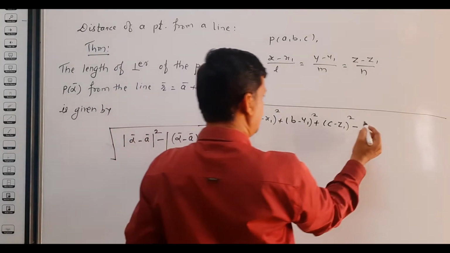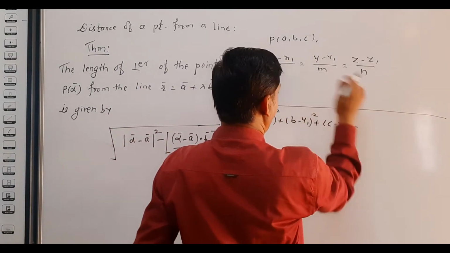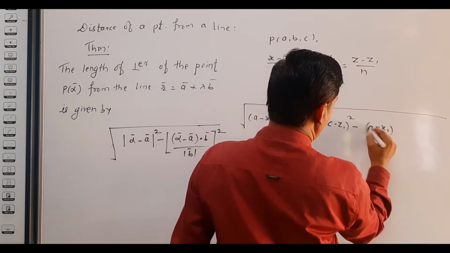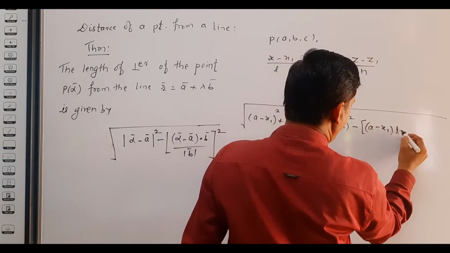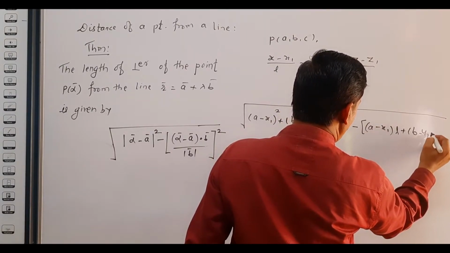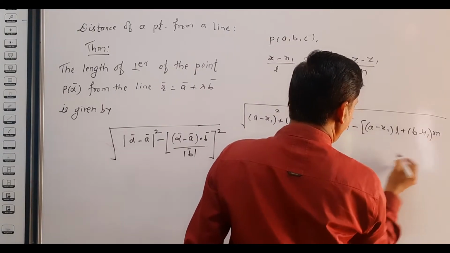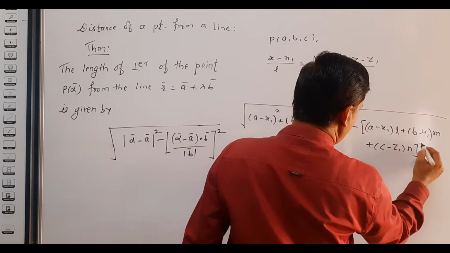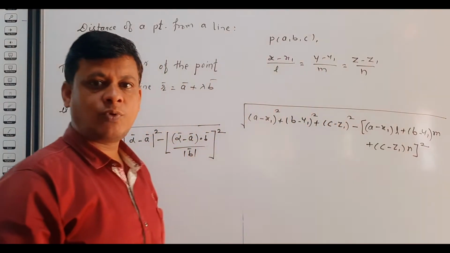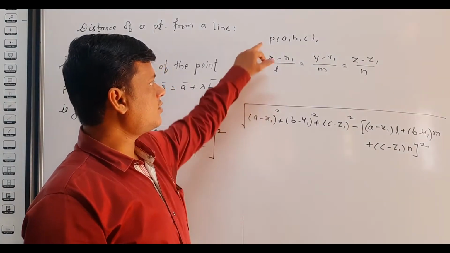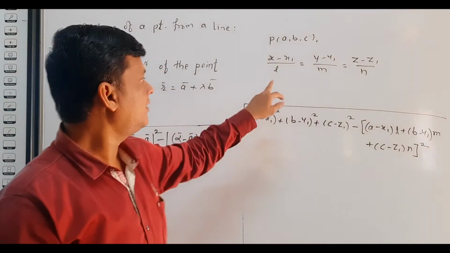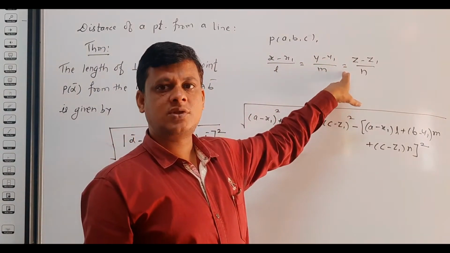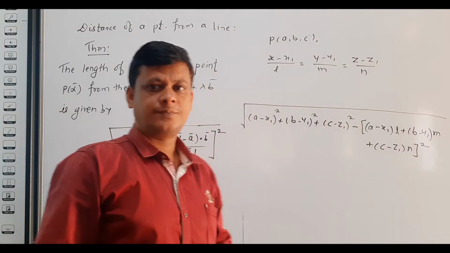Instead of this we write l, m, n, so we write [(a minus x1) l plus (b minus y1) m plus (c minus z1) n] squared. By using this formula we can find the distance of a point P(a, b, c) to the line (x minus x1) upon l equals (y minus y1) upon m equals (z minus z1) upon n.